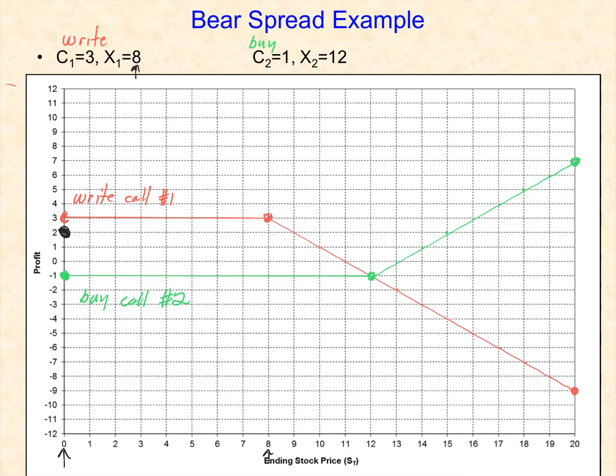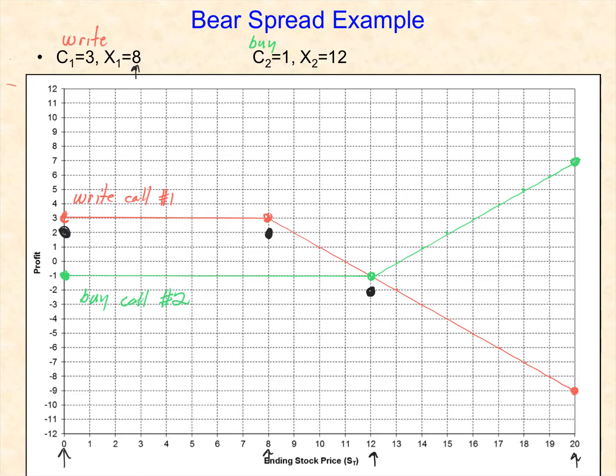So positive 3 minus 1 gives us $1. We'll go to our second exercise price. Here we lose $1 on the green line and $1 on the red line. So negative 1 plus negative 1 gives us negative 2.